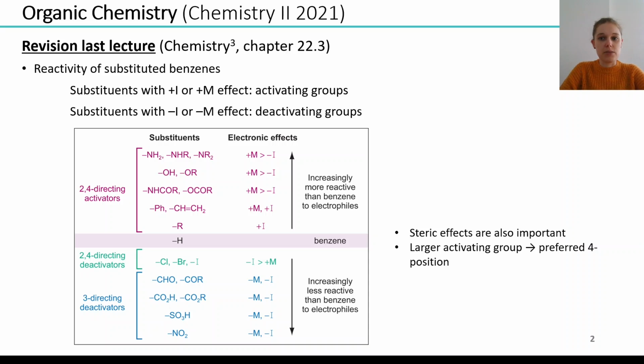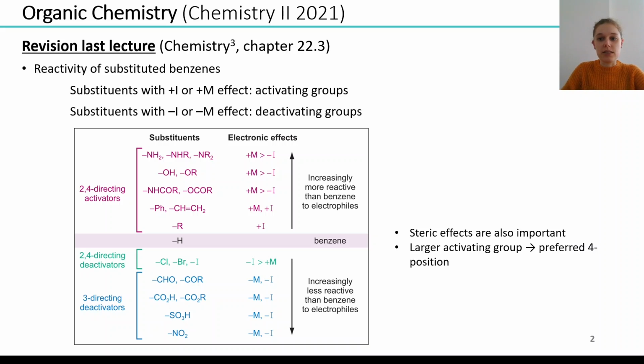If you have a halogenobenzene, the halogen has a minus I effect because of the high electronegativity. Hence, it is a deactivating group. However, the halogen has also a plus M effect, which is, however, weaker than the minus I effect. But this weak plus M effect directs the electrophile to the 2 and 4 position of the ring, as hereby the intermediate carbocations have an additional resonance form and are therefore better stabilized.